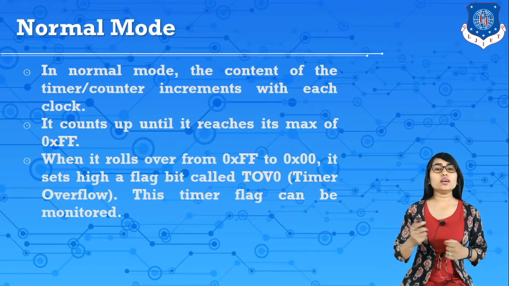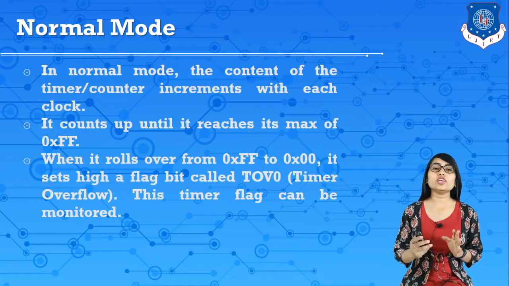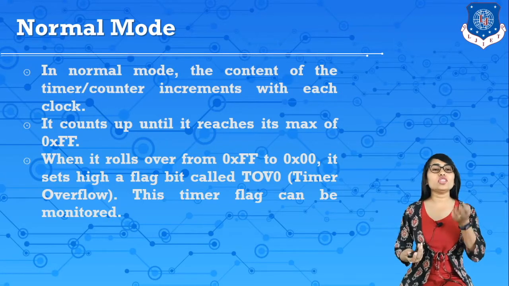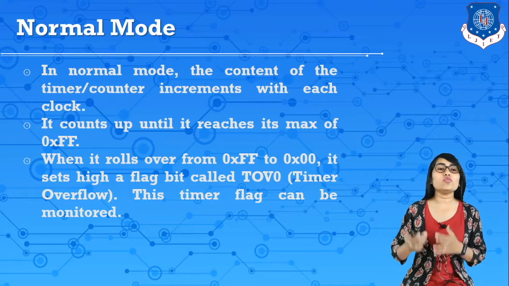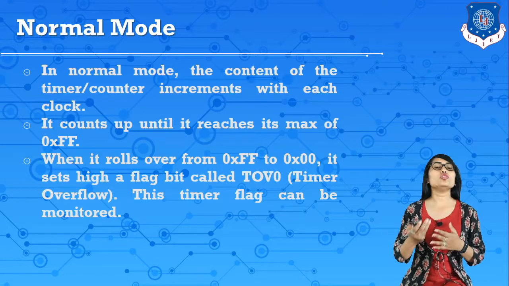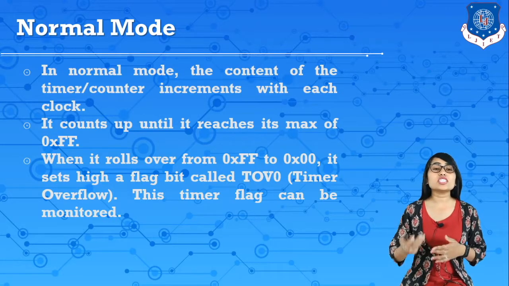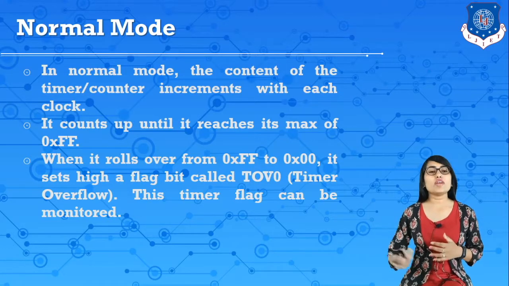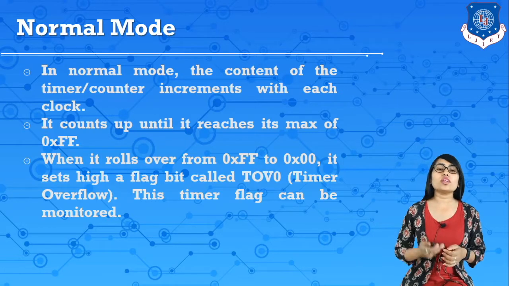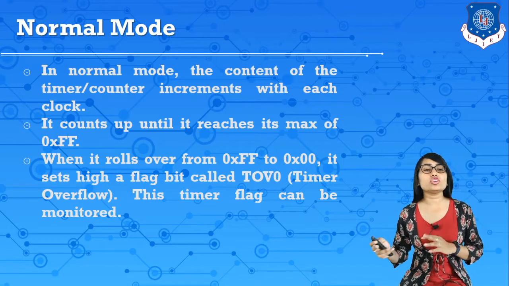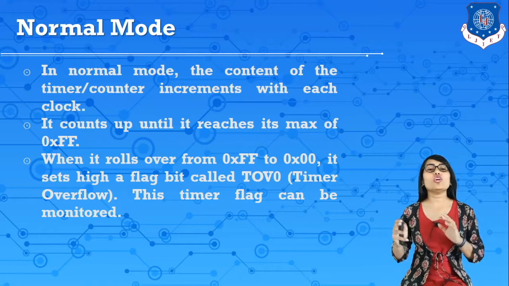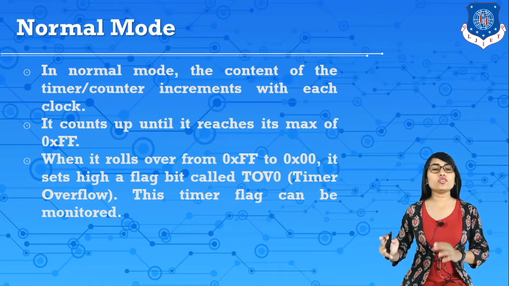In normal mode, the content of the timer counter is incremented with each clock. It counts up until it reaches its maximum of 0xFF. When it rolls over from 0xFF to 00, it sets a high flag bit called TOV0, timer overflow flag 0.